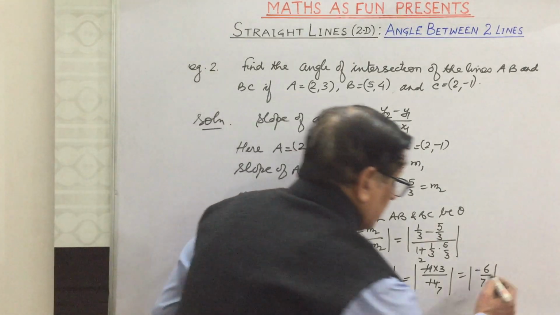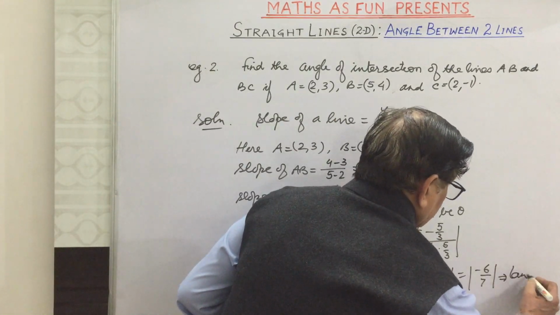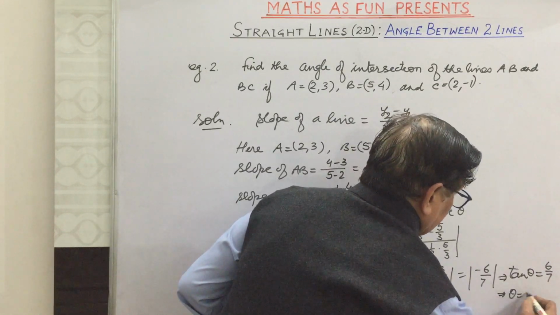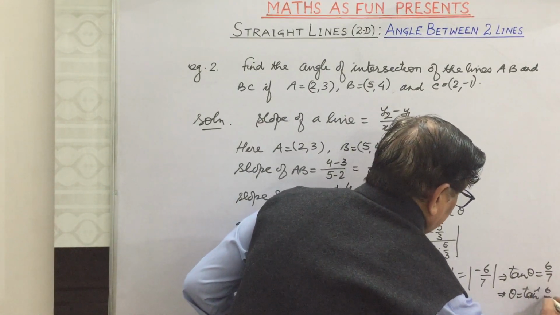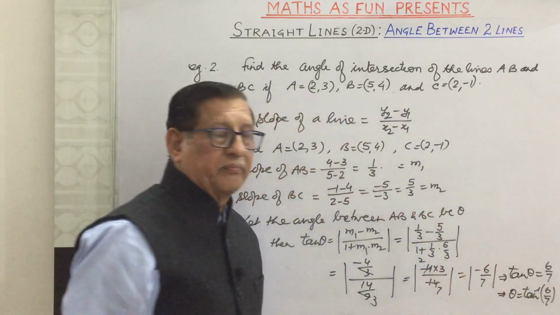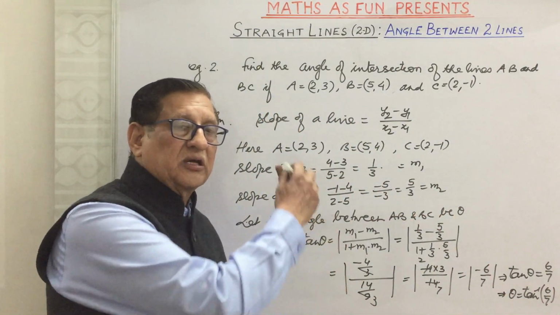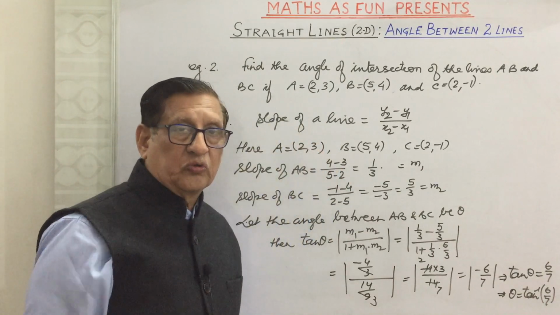It means we can say for acute angle theta, tan theta is 6 upon 7, or theta is tan inverse 6 upon 7. Like this we can find out the angle of intersection of the two lines even if the points are given to us.